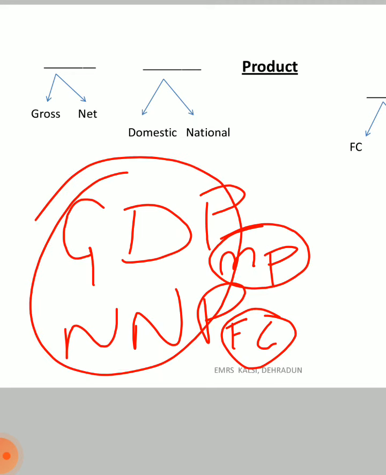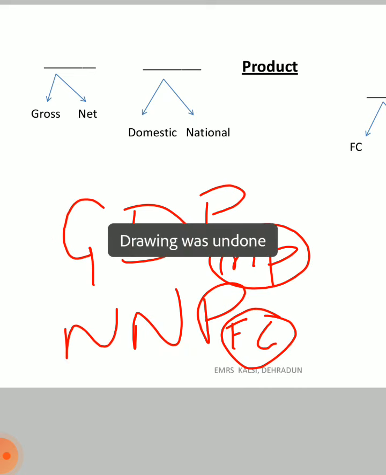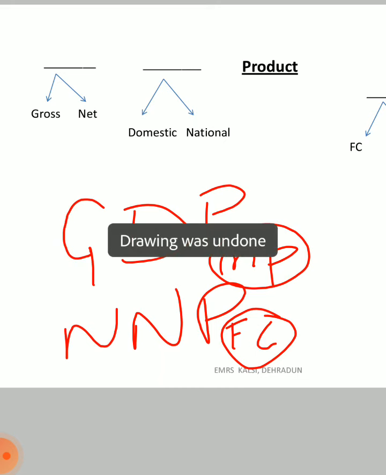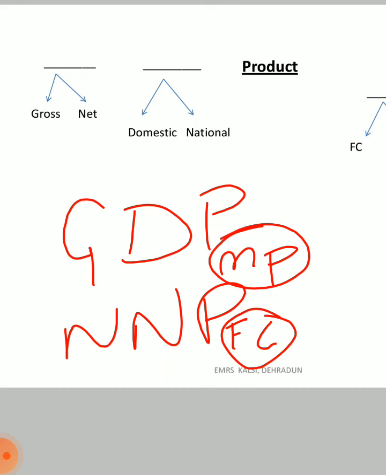So gross domestic product at market price is the first one, and net national product at factor cost is the other. Usually we pronounce them in the shortcut form. We don't say gross domestic product, we say GDP MP or GDP at market price.